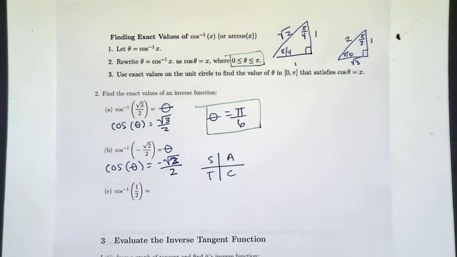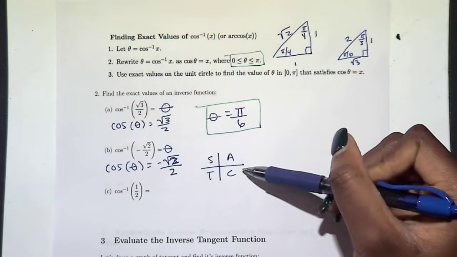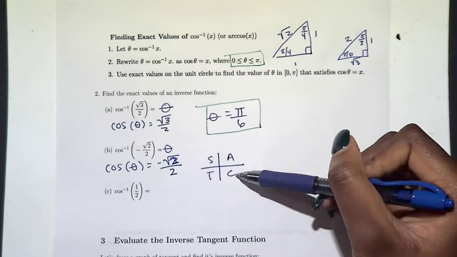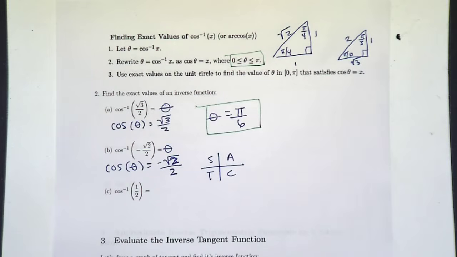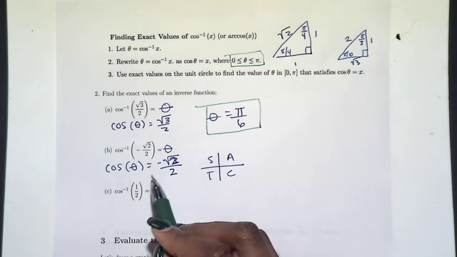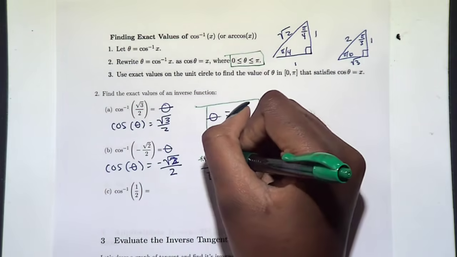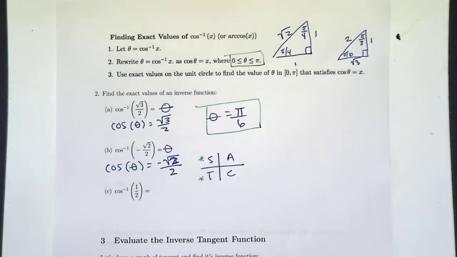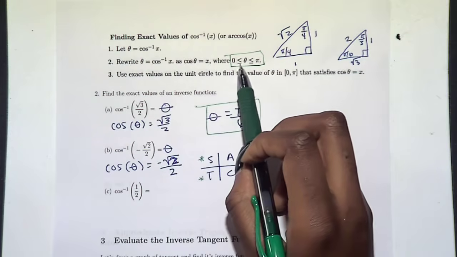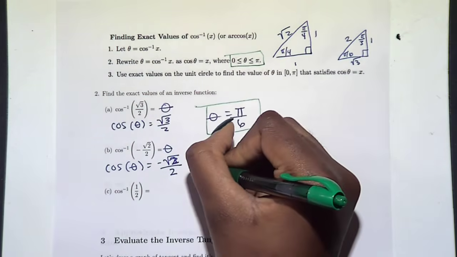Cosine is positive in quadrants 1 and 4, so we want it to be negative. So we're looking in quadrants 2 and 3, but also this angle is only going to be between 0 and pi.